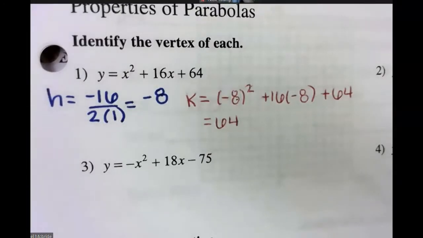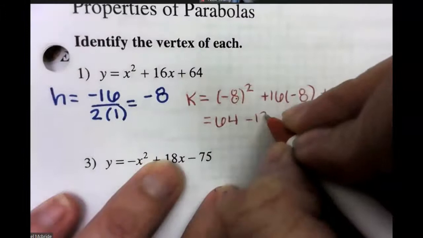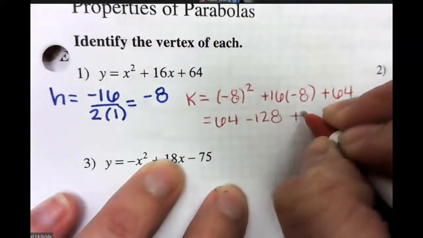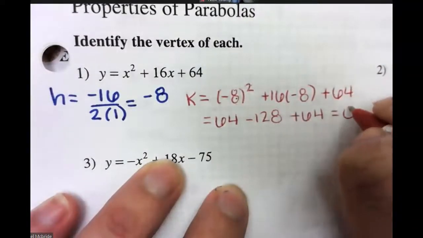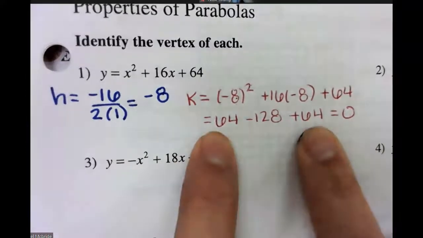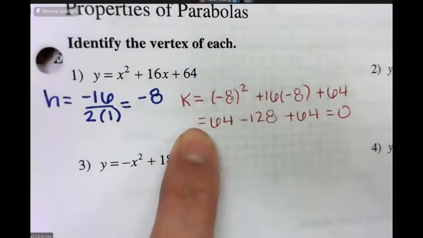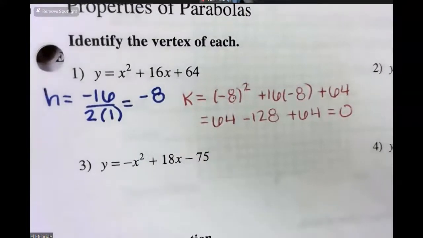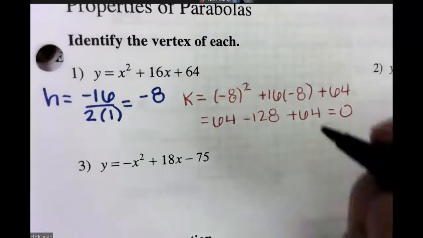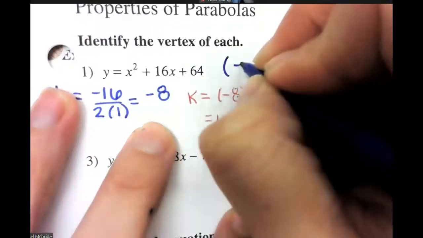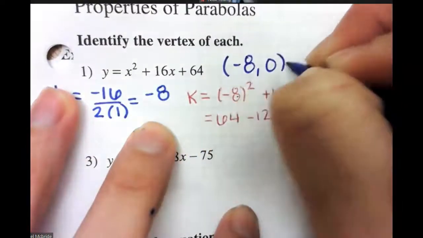So you get a negative 128 plus a positive 64. So 64 and 64 is 128. 128 minus 128 is 0. So what that means is the vertex of this equation is negative 8, 0.